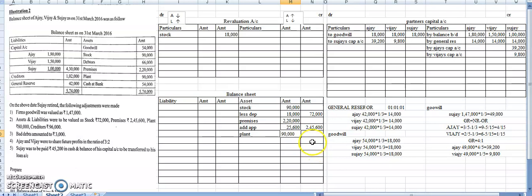Then I am writing the amount which is given in adjustment, 80,000, in the main column. As you can clearly see, it is a decrease. First it was 90, now it is 80. How much decrease? Deduct 90 minus 80. So the answer comes to 10,000. I am writing it in the internal column. So less depreciation.